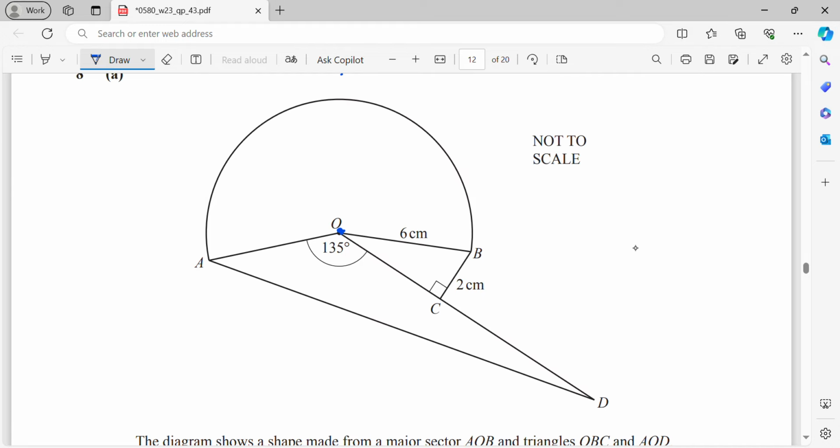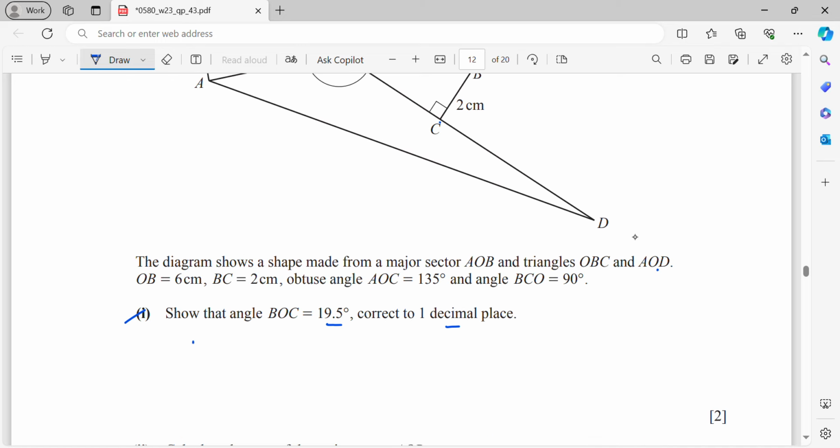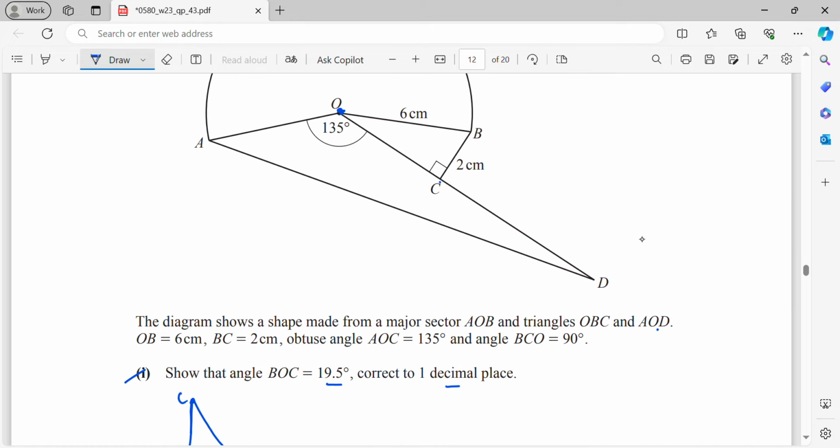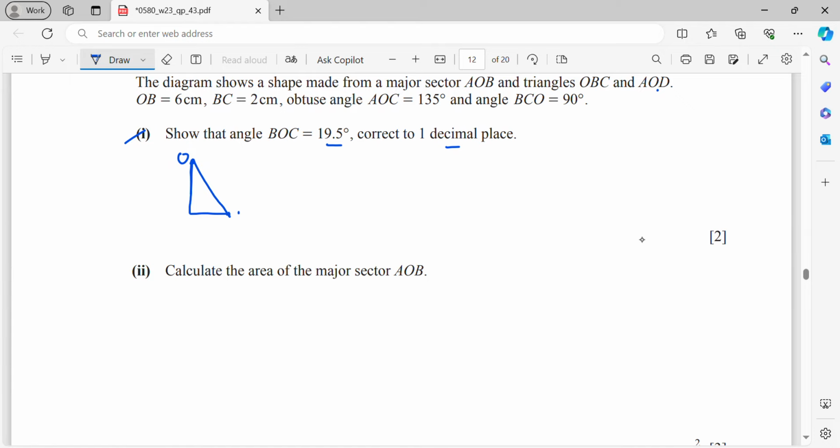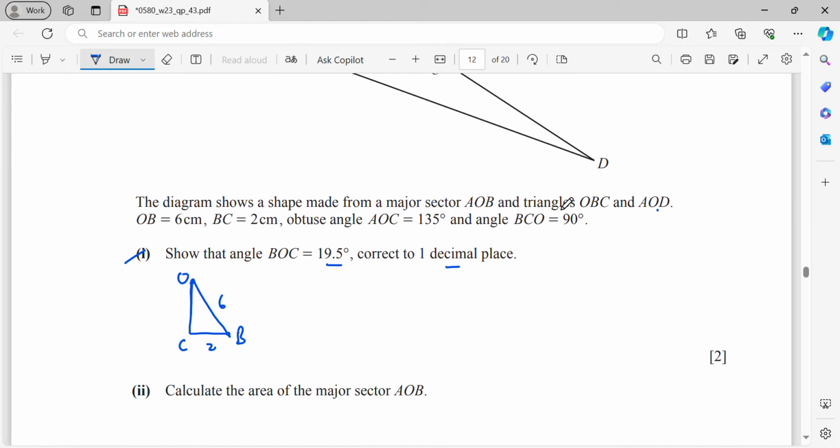You are given a triangle OBC, so I will just redraw the triangle OBC. This is 2, this is 6, so OB is 6. Now you need to get angle BOC.